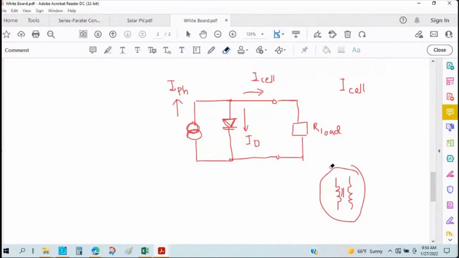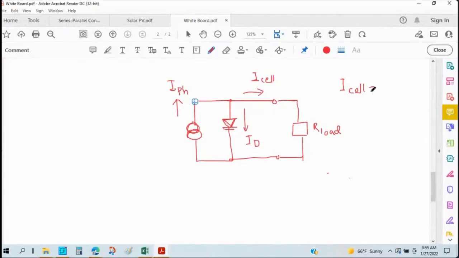Anyway, what will be the cell current that we'll be receiving from the solar panel? Sir, can you explain it again, sir? Okay. IPH is the photocurrent that the solar cell is generating, and ID is the diode current that is flowing internally in the PN junction of the solar cell, and I cell is the current that we are receiving from the solar cell.